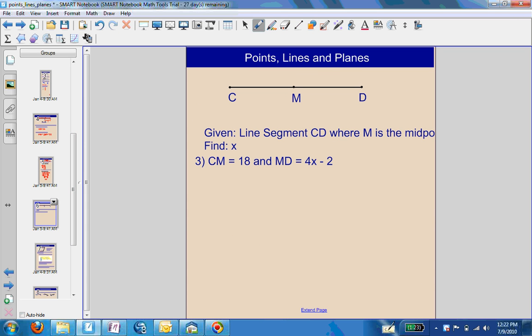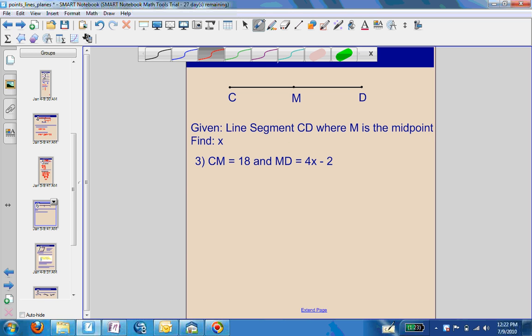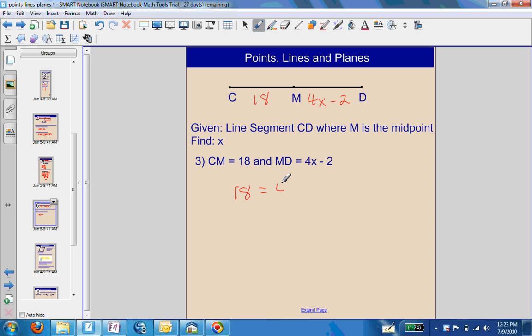And in our last problem like this, we again have the midpoint. So CM is 18. MD is 4x minus 2. Now, think about, what do we know about CM and MD? We know that they're congruent, or equal to each other. So we can set those equal to each other. 18 equals 4x minus 2.